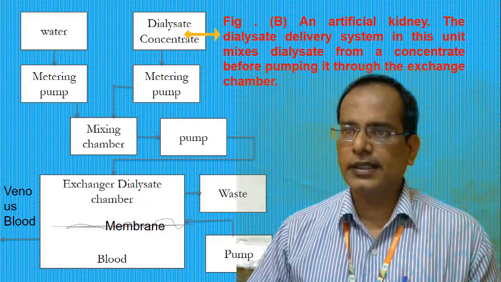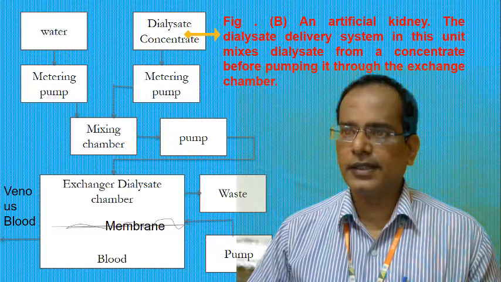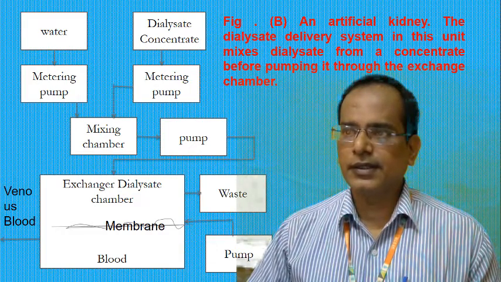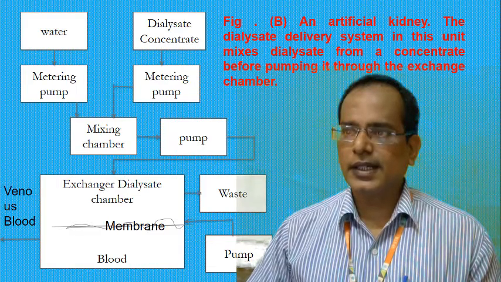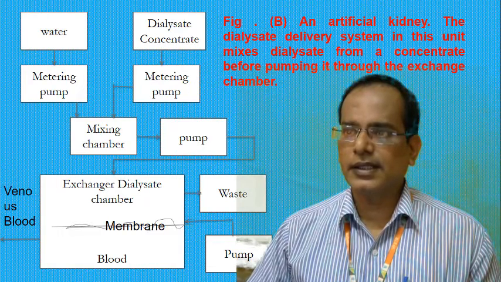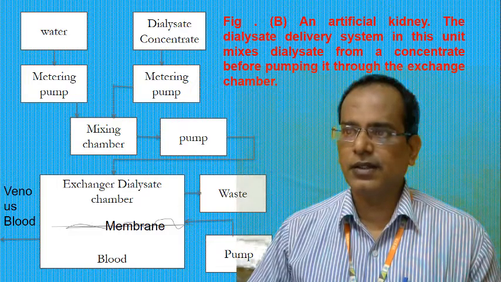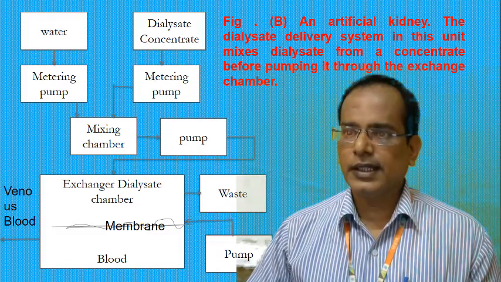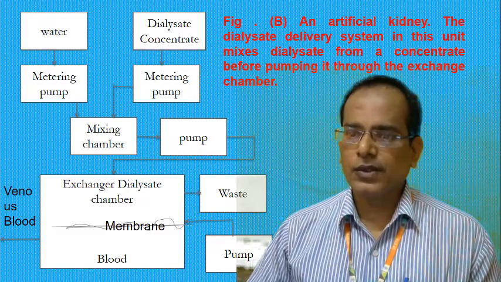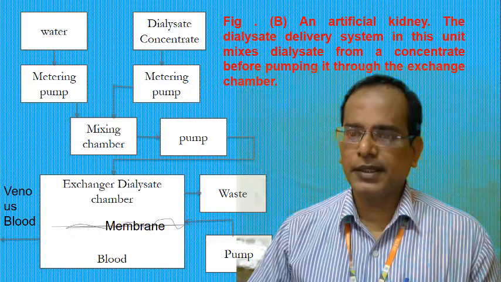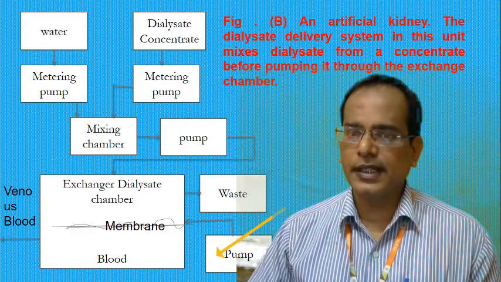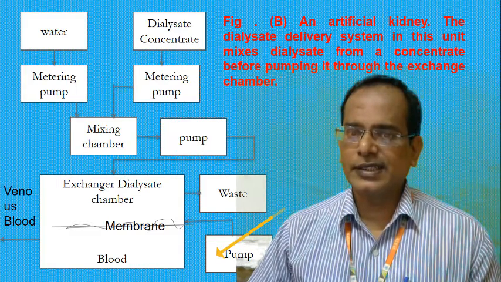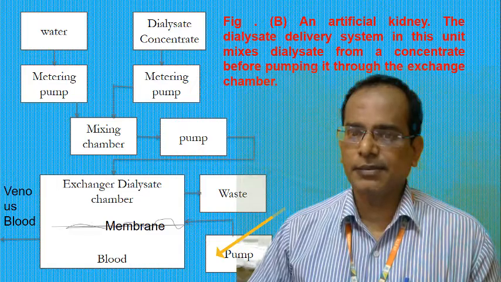Here the dialysate is delivered by the delivery system, which consists of many units. Here the unit mixes the dialysate from the concentrate before pumping it through the exchange chamber. So you are seeing the diagram. The arterial blood is pumped and directed towards the exchanger dialysate chamber.